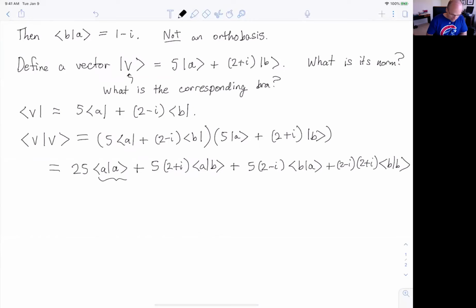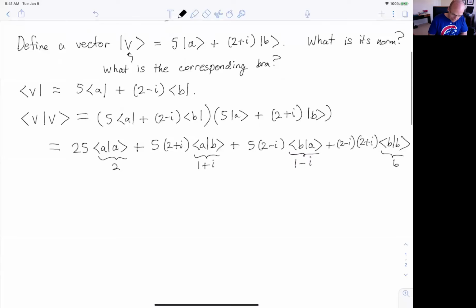This, from the given information, is 2, so was the BB. AB from the given information was 1 plus i, and the BA inner product from the given information was 1 minus i. Okay, and so when you multiply that out, you get 50, plus the second number is 5 plus 15i.